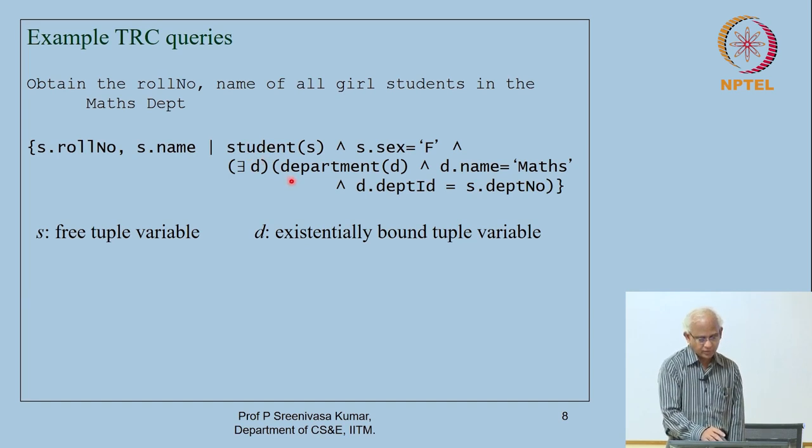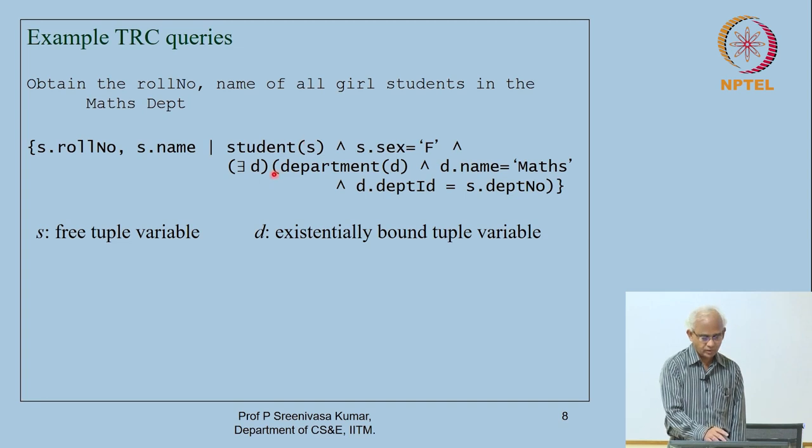So now let us interpret it according to the previous slide. All possible assignments for the variables S and D will be considered now. Obviously, for all those tuples that are not in the student instance, this part is going to be false. So we can limit our consideration to the tuples that are there in the student relation.